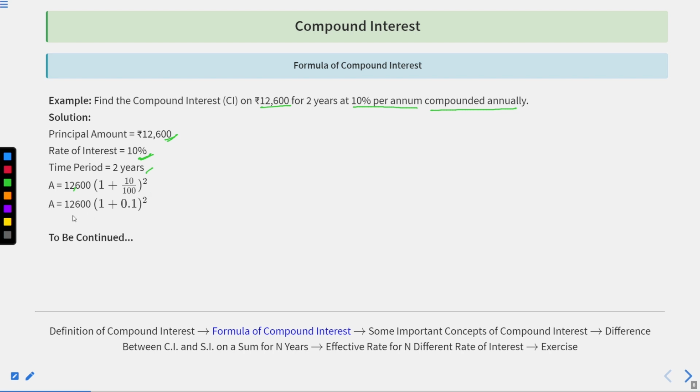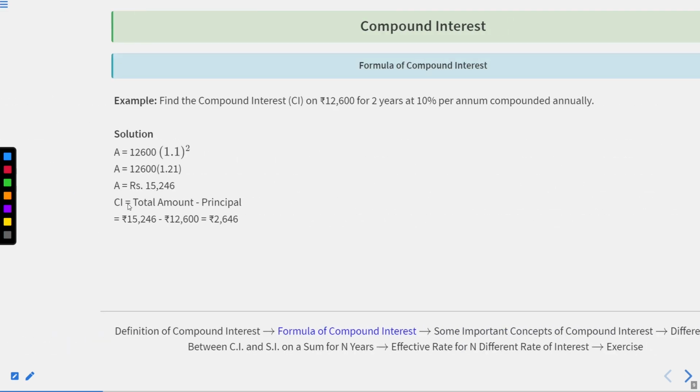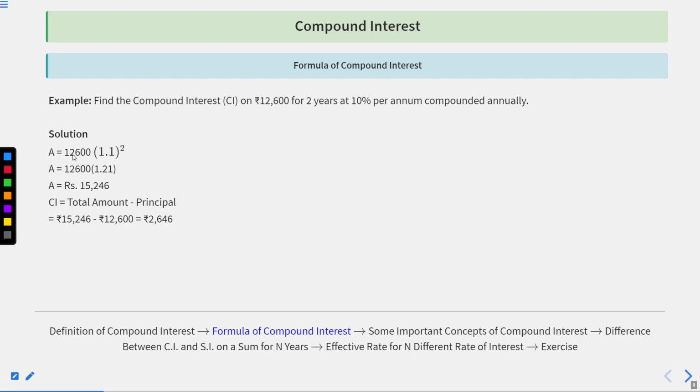So A is equal to 12,600 times (1 plus 0.1) whole square. So amount A will be equal to 15,246. So the compound interest is equal to total amount minus principal, that is 15,246 minus 12,600, which is equal to 2,646.